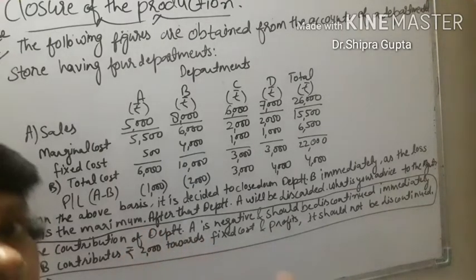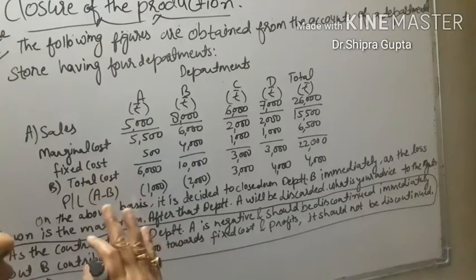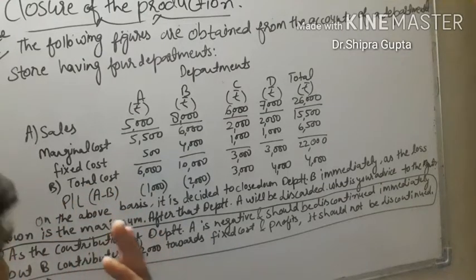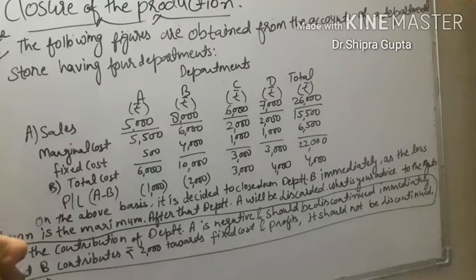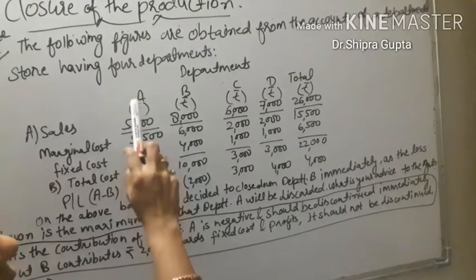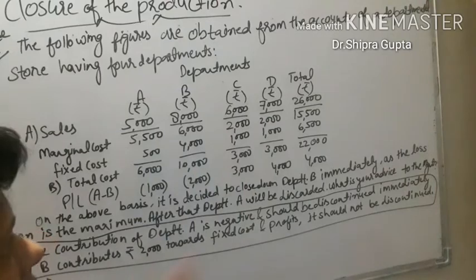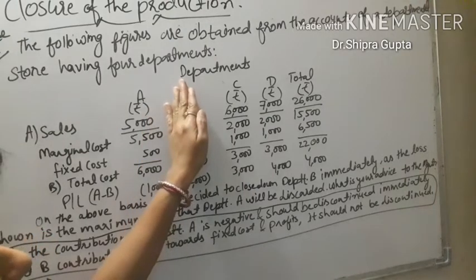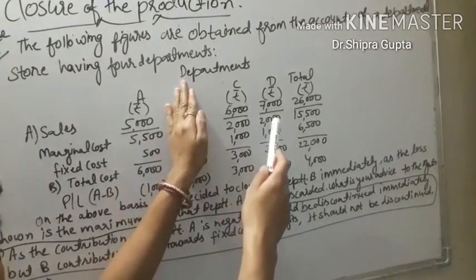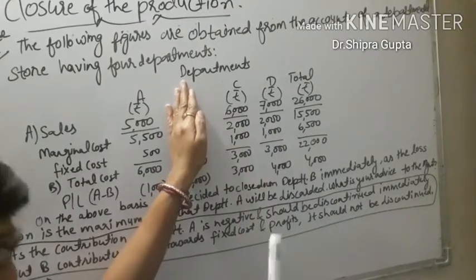First we will calculate, as per the table, the ABCD departments and their sales in a tabular manner, then marginal cost, and then contribution. Then we will calculate the overall total when we take ABCD. When we discontinue B, we will take the contribution of ACD and then deduct fixed cost to get the profit.